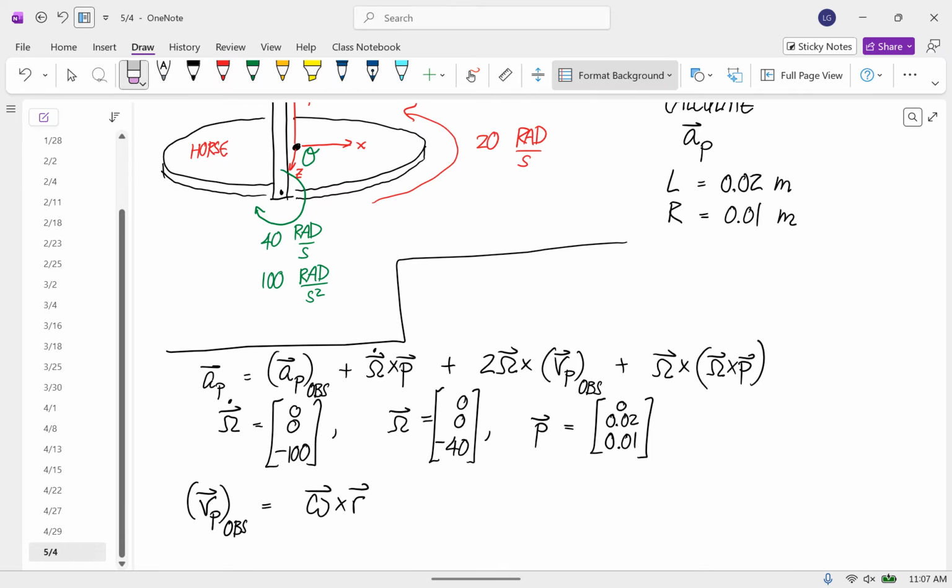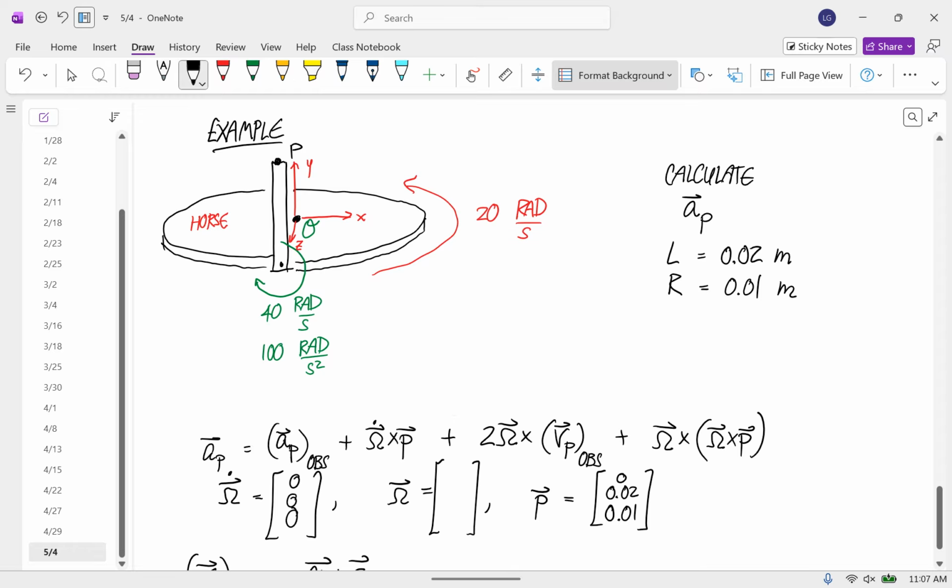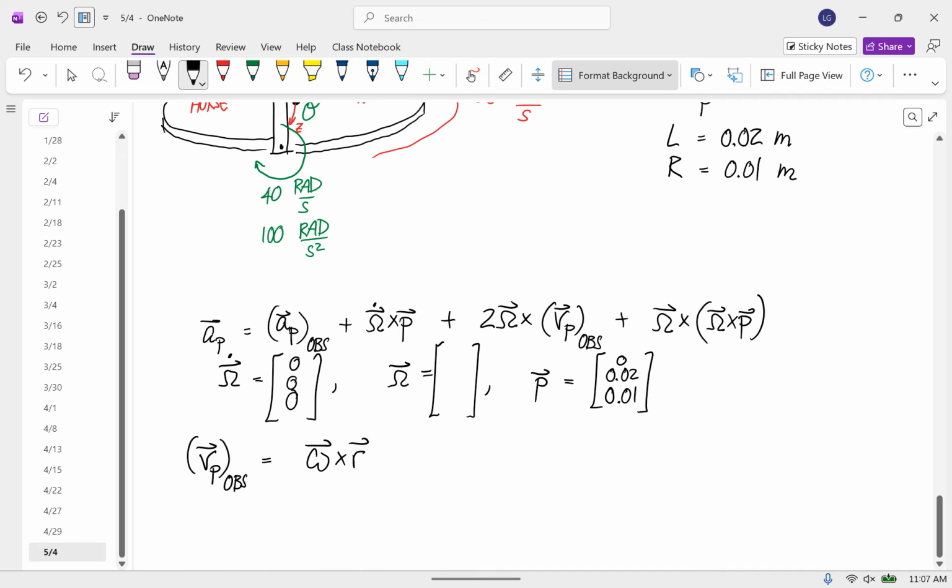And so this should be 0, 0, 0. This one should be, the right-hand rule says that this 20 radians per second is in the positive y direction, so 0, 20, 0.